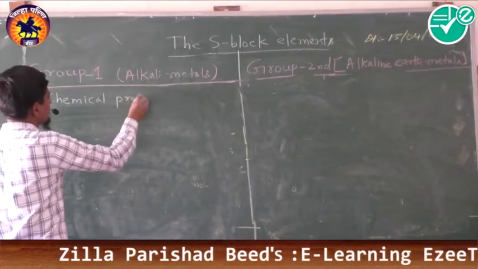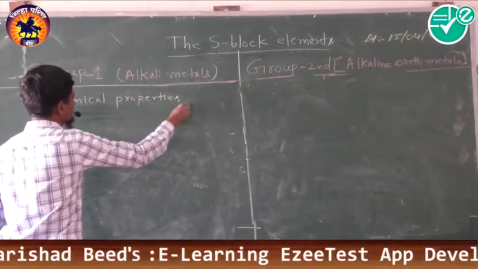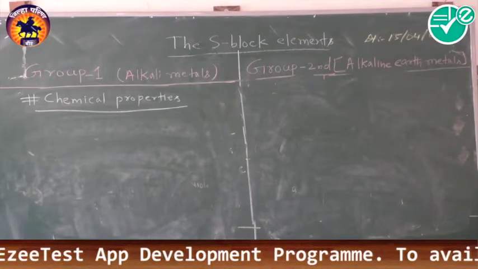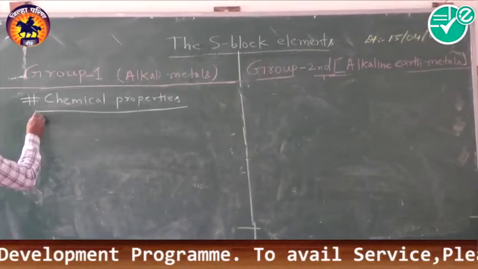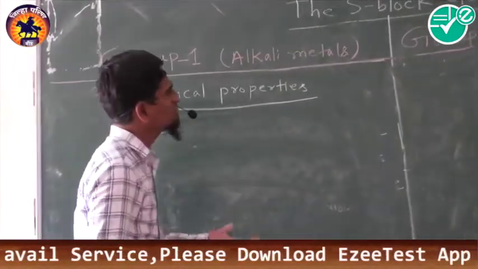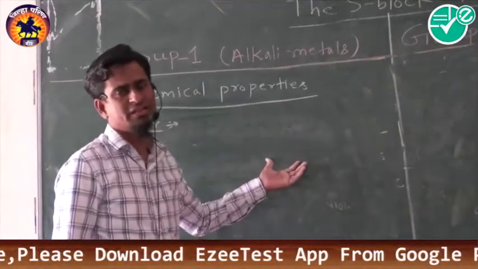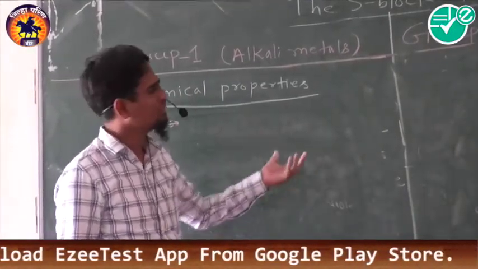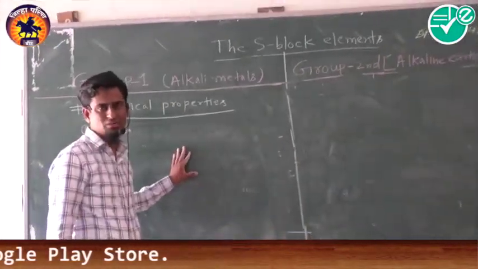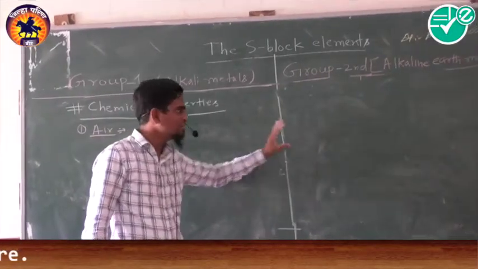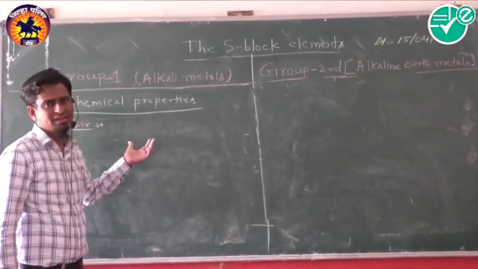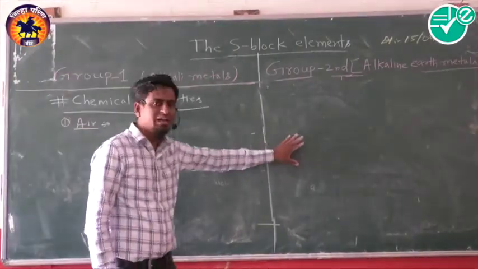The first property is reactivity towards air. I will take the reaction for both. The reactivity may differ because alkaline earth metals are less reactive as compared to alkali metals. Here electrons are paired and atomic size is small, but in alkali metals the electron is free, highly energetic, and atomic size is more than alkaline earth metals.